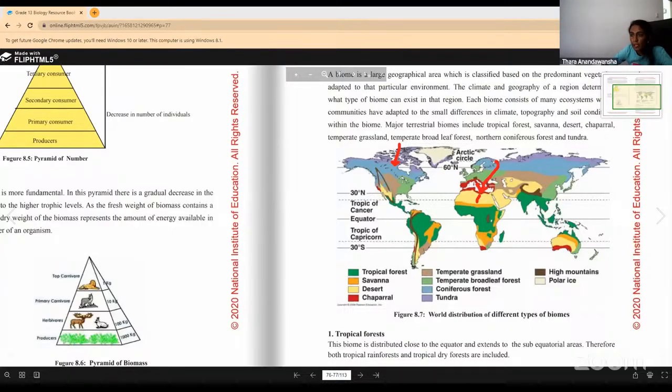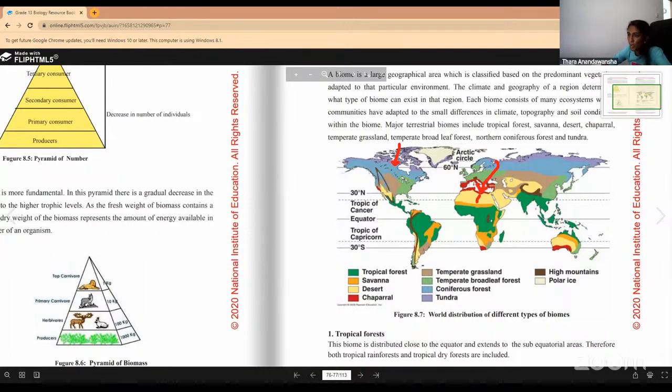Then third answer, it says tundra, temperate grasslands. Tundra is there, but in between there are some biomes. Correct sequence: tundra, grasslands, coniferous forest. No, before grasslands, coniferous forests are there, so that is wrong.